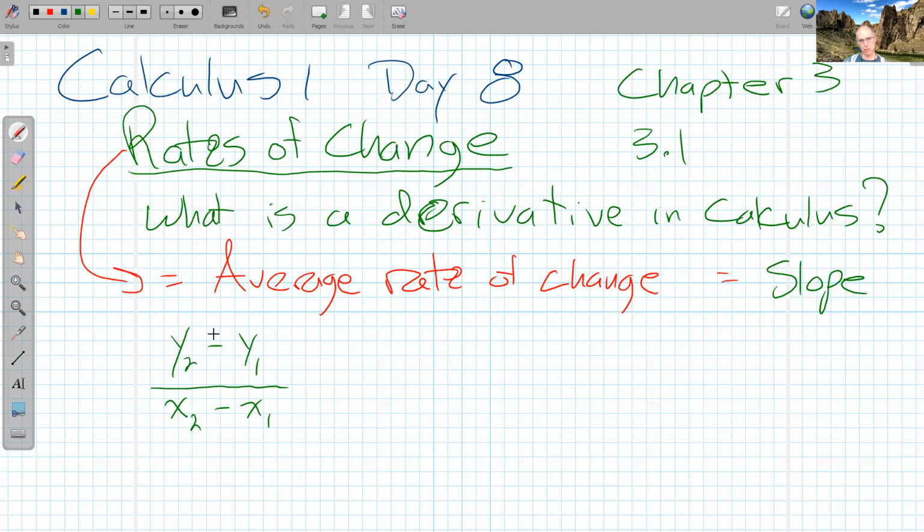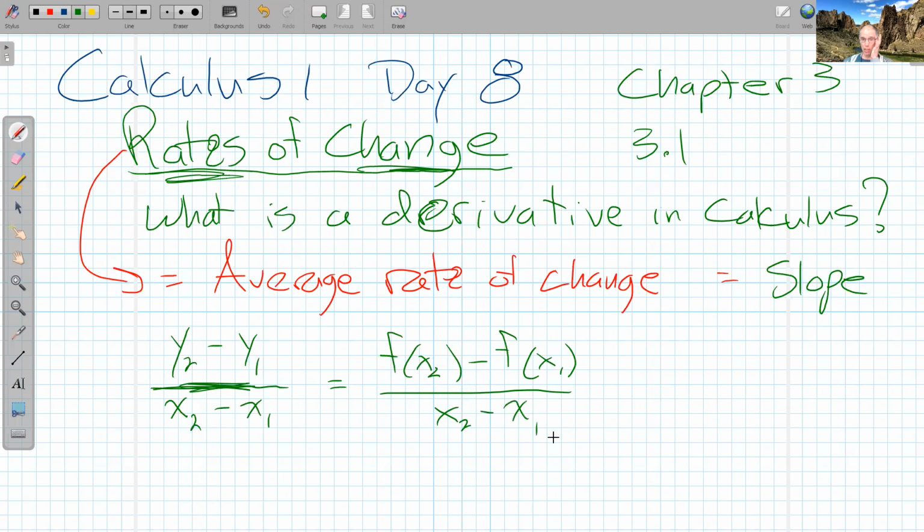And when we take the difference, right, so that's the change part, y2 minus y1 and x2 minus x1, and then we divide them, that's the rate part, rates of change, this gives us the slope. If we use function notation, then we get something like f of x2 minus f of x1 divided by x2 minus x1, and hopefully you saw that pop up in a college algebra course once upon a time.